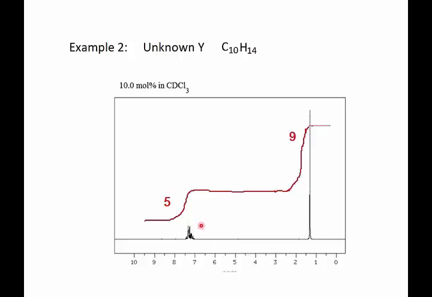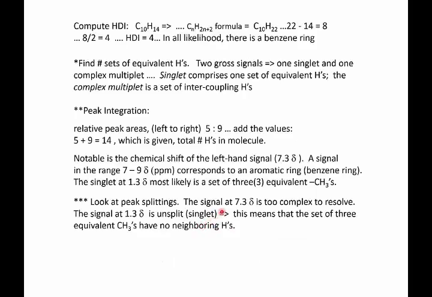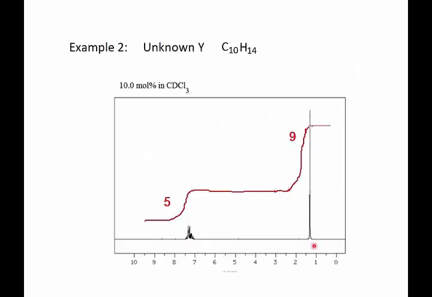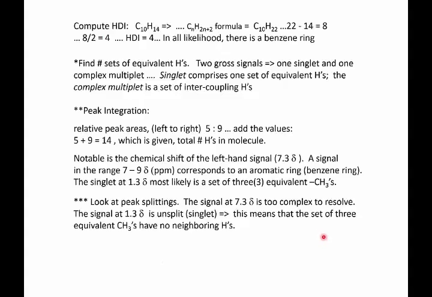Now, what about the chemical shift values? Well, we know that this corresponds to the benzene ring at 7.3. This is about 1.3, 1.4. If you go to the tables and check out the listed chemical shift for methyls, I got the range 0.8 to 1.2.